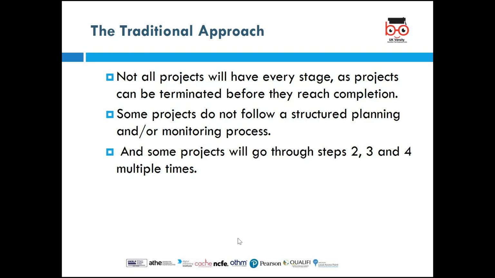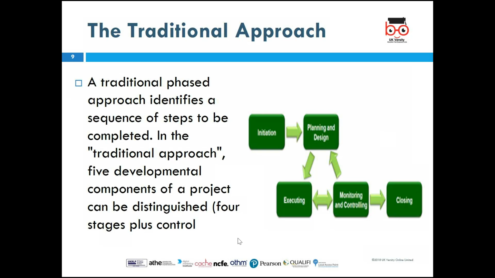So if you look at the diagram that is in the previous slide, you've got the initiation, planning and design, you go to the execution, you come to the monitoring and control. If it's not going well, go back to the planning and design phase, come down to executing, monitoring and planning. If it's not working, go back to the planning and design.